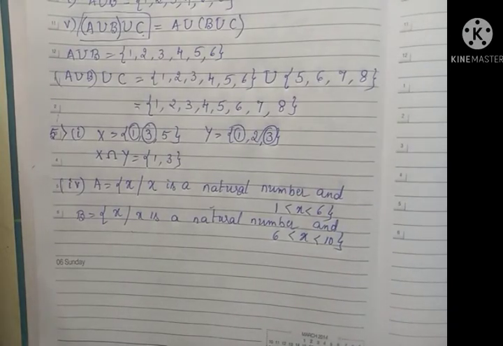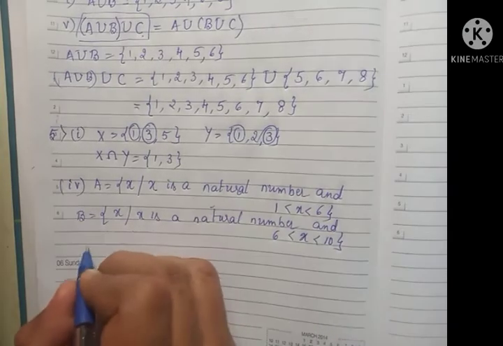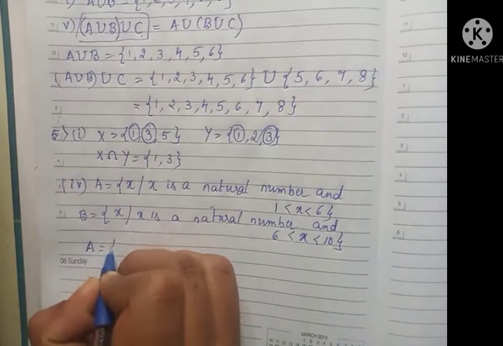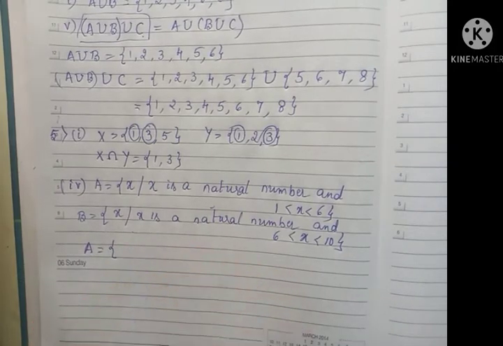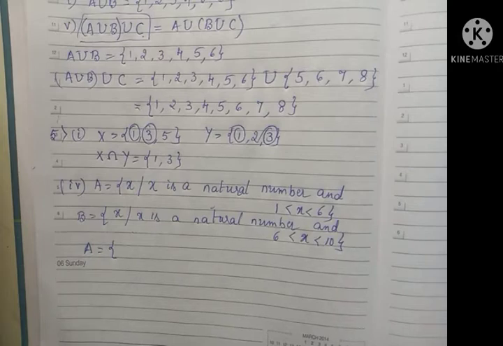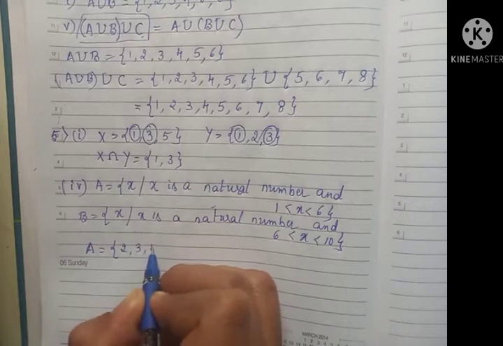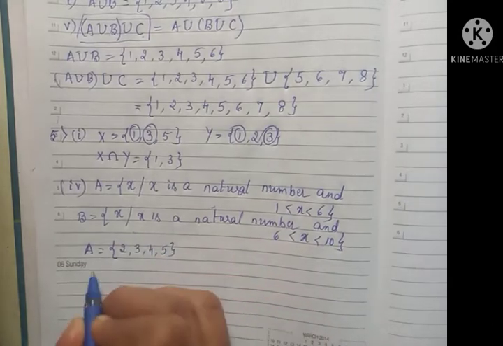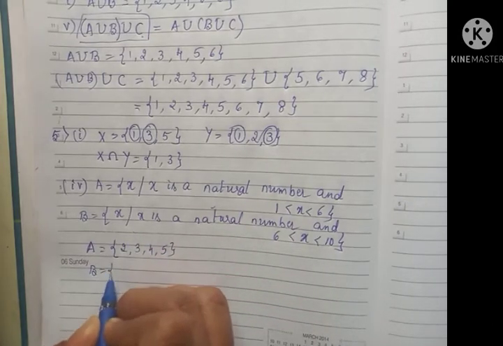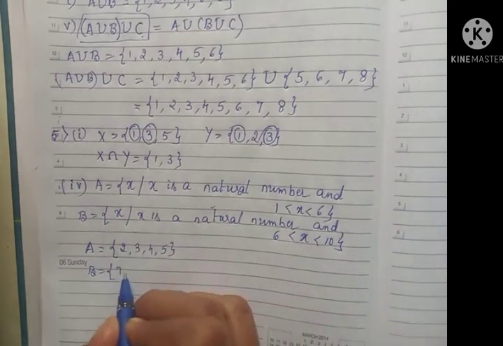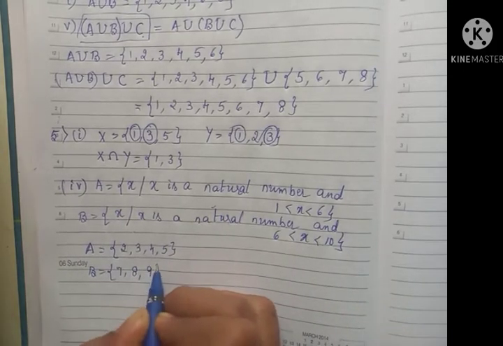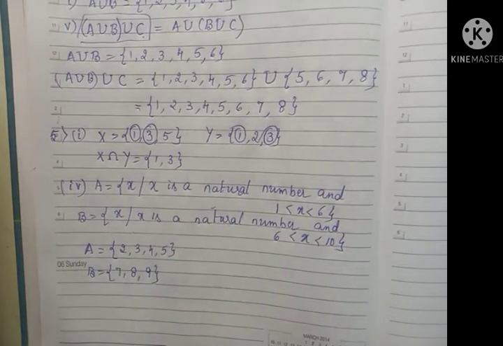So before writing the intersection, first you know what are the elements. Natural numbers in between 1 and 6. 1 and 6 are not included here because strictly less than. So 2, 3, 4, 5, and B is in between 6 and 10: 7, 8, 9.